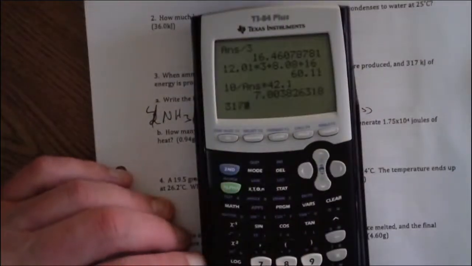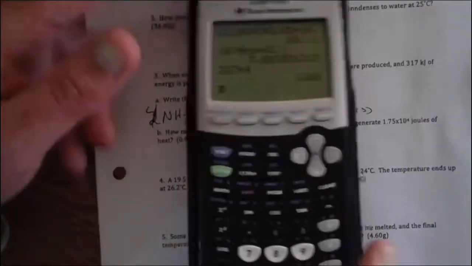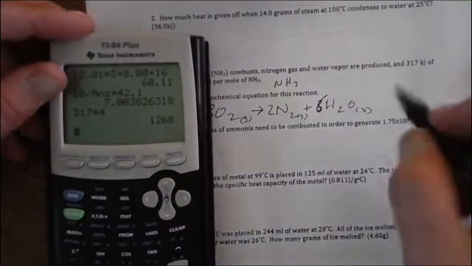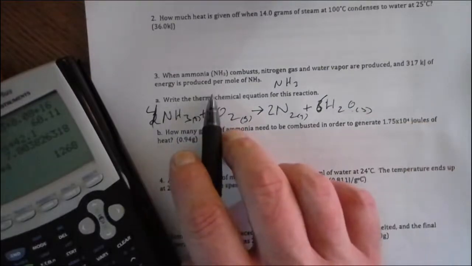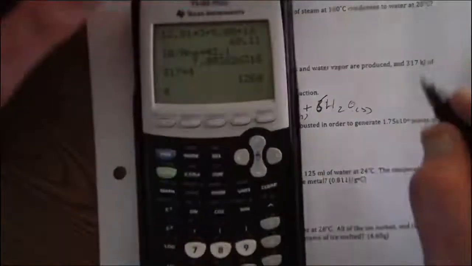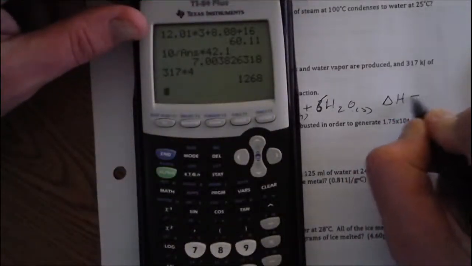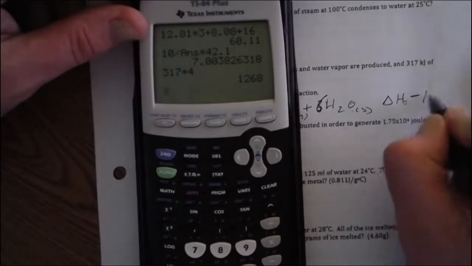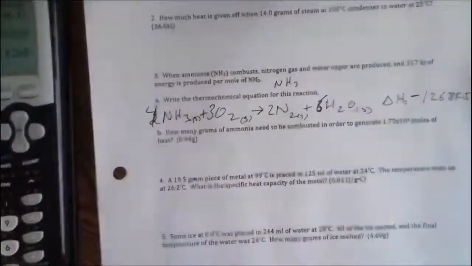Is this endothermic or exothermic? Produced. So if the heat is being produced, then that means it's what? Exo. So that means that delta H is negative. Right?